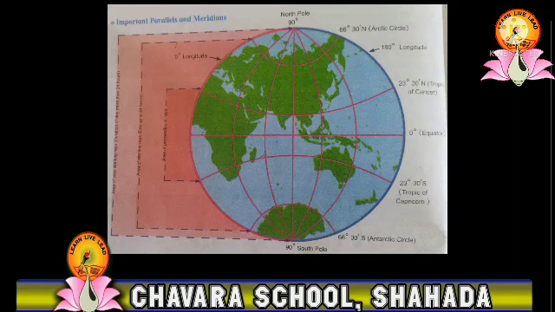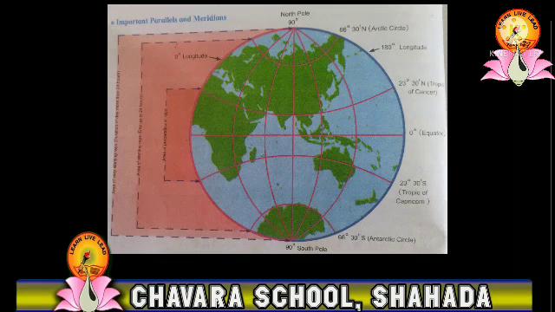Next is Arctic Circle, whose angular distance is 66°, 30 minutes north. Next is Antarctic Circle, whose angular distance is 66°, 30 minutes south. Next is North Pole, whose angular distance is 90 degree N. Next is South Pole, whose angular distance is 90 degree S.